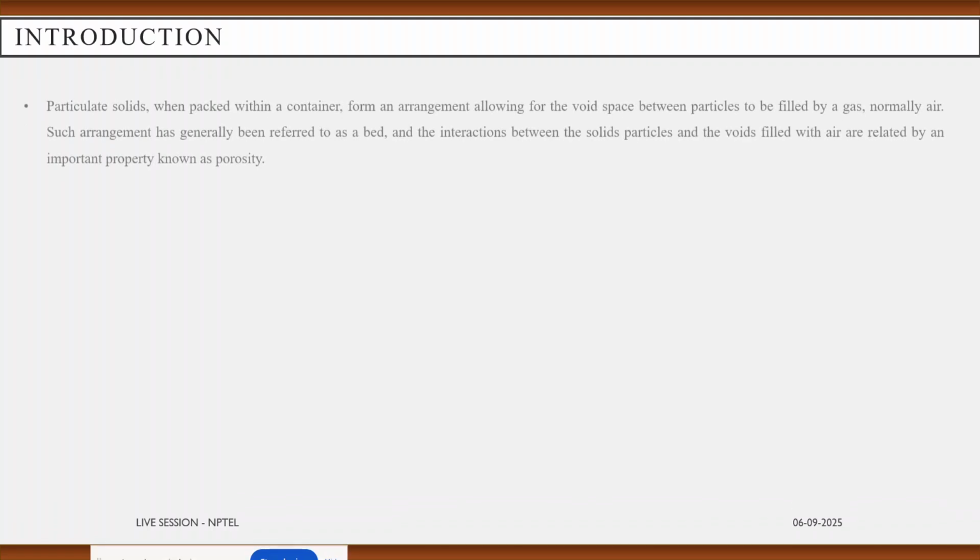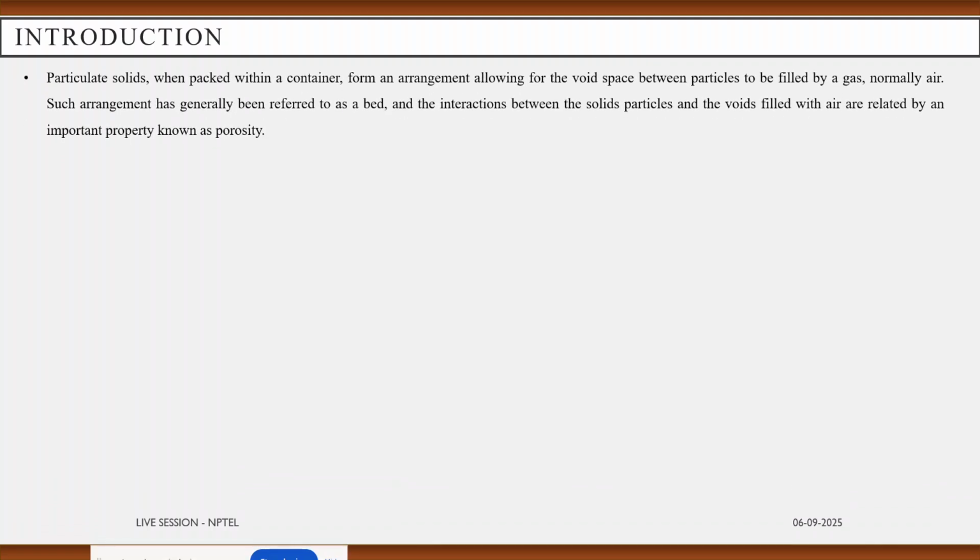Starting with a basic introduction about today's class. We will be discussing particulate solids. When particulate solids are packed within a container, they form an arrangement allowing the void space between the particles to be filled by any gas or any other fluid.